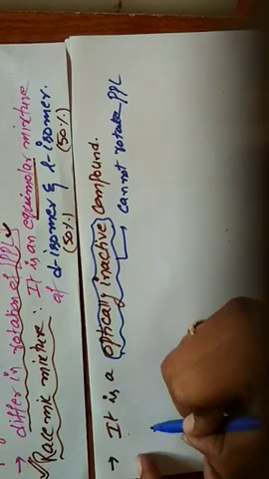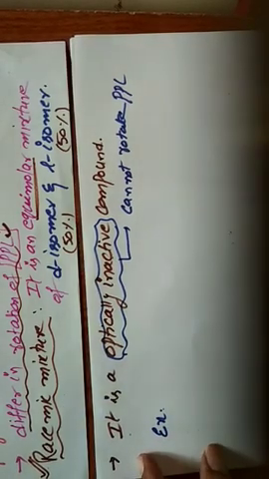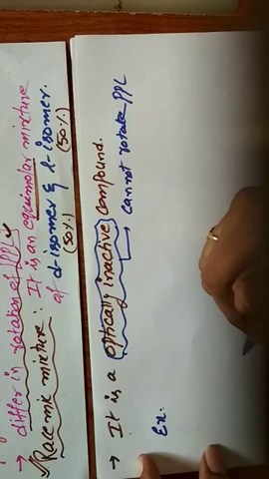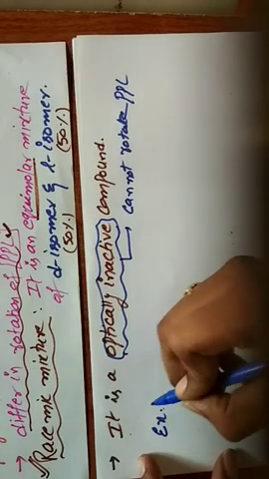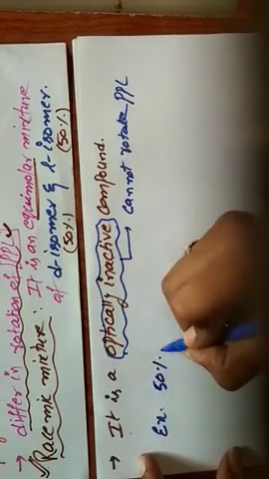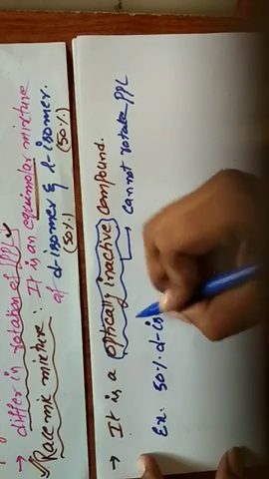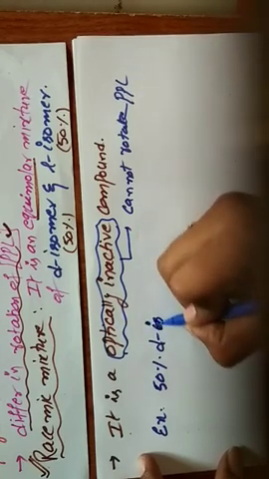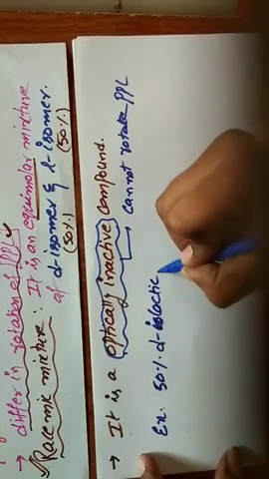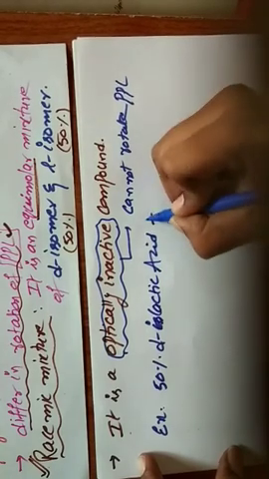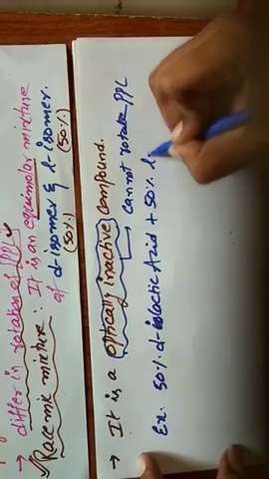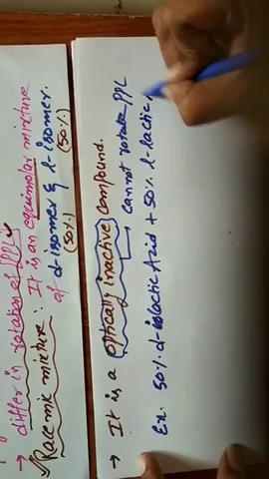So for example, 50% D lactic acid plus 50% L lactic acid. This is the racemic mixture.